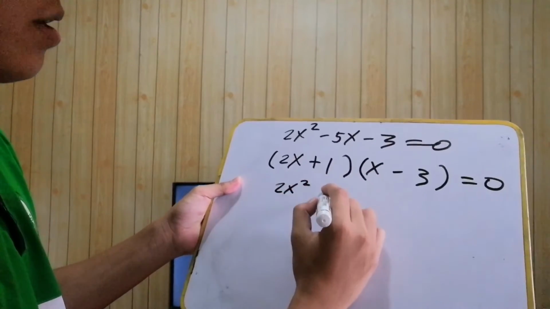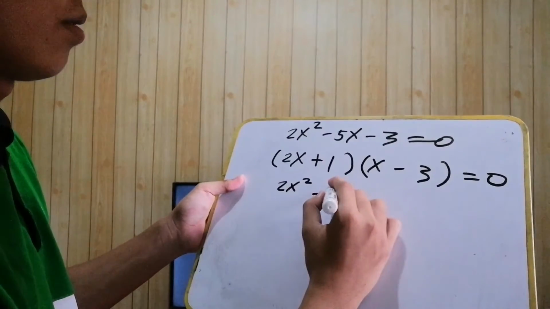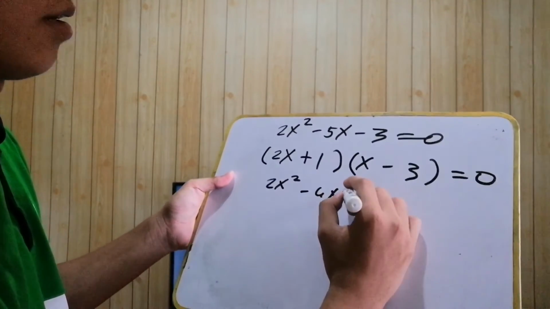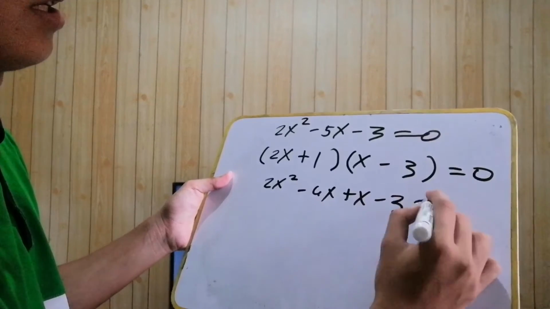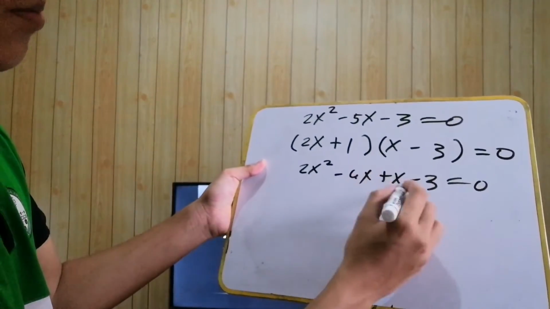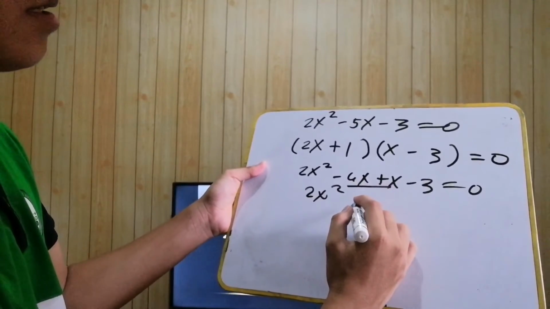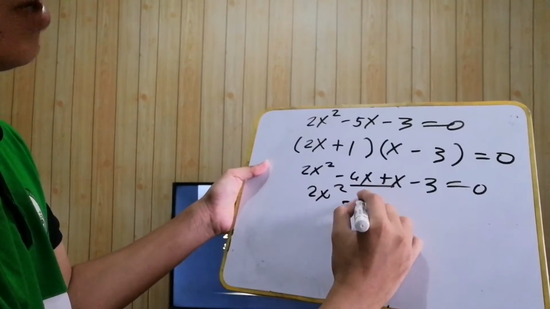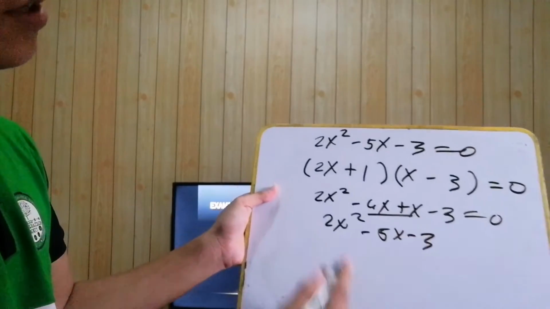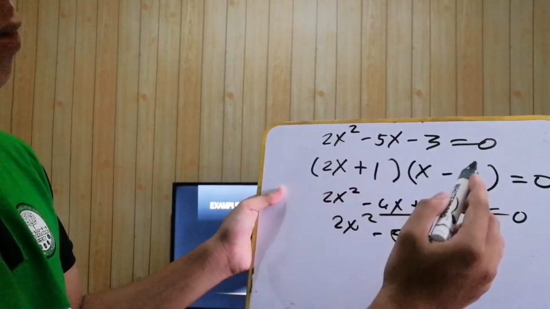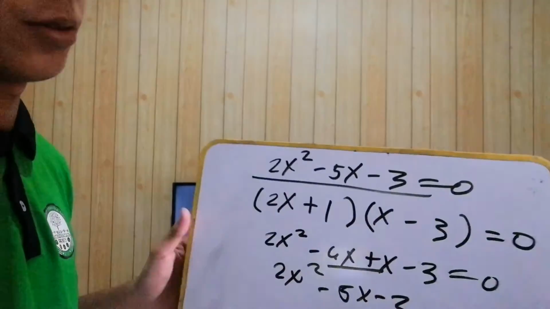2x squared minus 6x plus x minus 3. So, matitira dito is negative 5x. So, therefore, tama ang ating factor kasi ito yung lumabas na sagot.